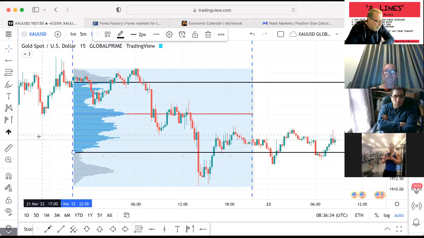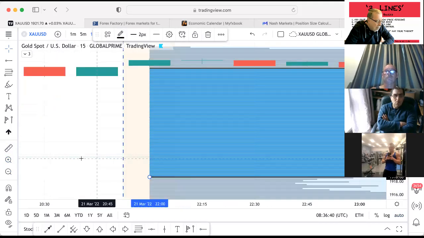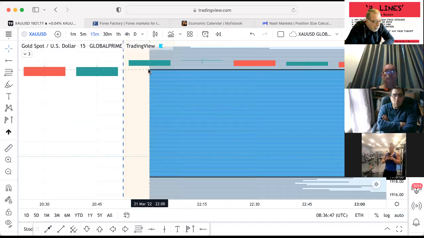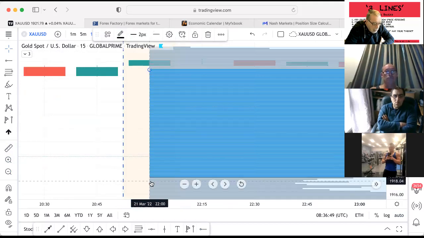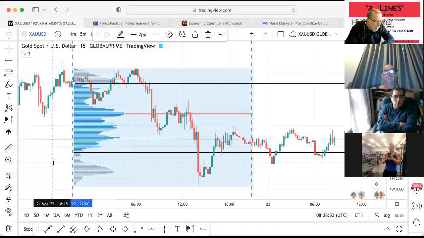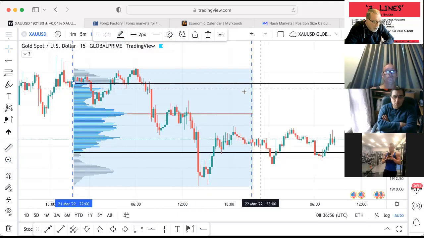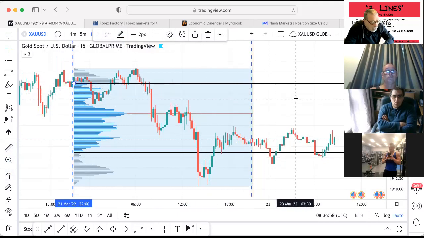And just as a matter of getting accuracy, I zoom in on that area and make sure that my lines are actually in the correct place. I make a small adjustment there. That one seems to be exactly in the right place. So I'll zoom out again. So that's the two lines. When we come to looking at today's chart, this is what we call our field of play between those two black lines.